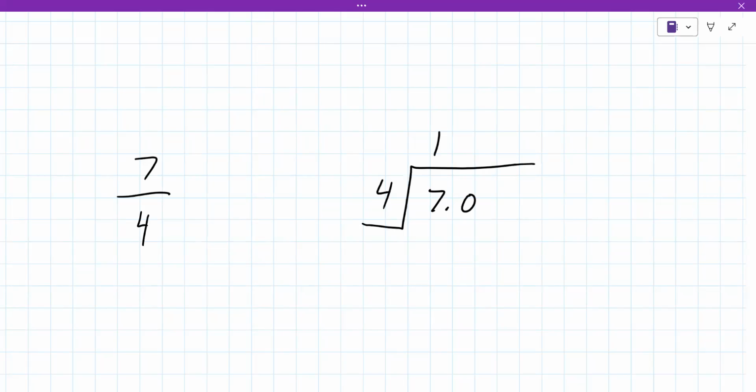Yeah, that's an easy place to get discouraged on this. So keep going from here. 1.75.